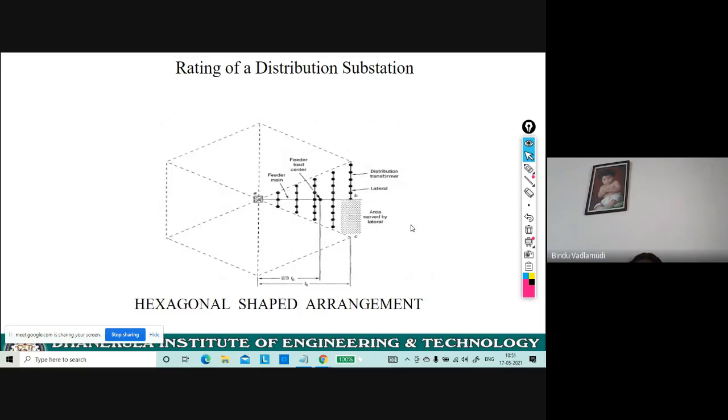All of you copy the diagram. Please inform me after you complete the diagram.